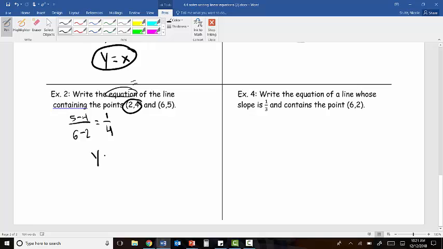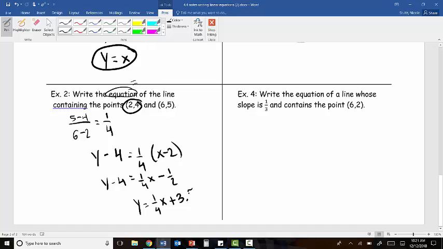So now we're going to set up our case 2 formula. 4 would go in the first space, 1/4 goes in the middle, and 2 goes in the last. Do a little distributing, and we get 1/4 x minus 1/2. If we add 4 to both sides, we're going to get 1/4 x plus 3.5.